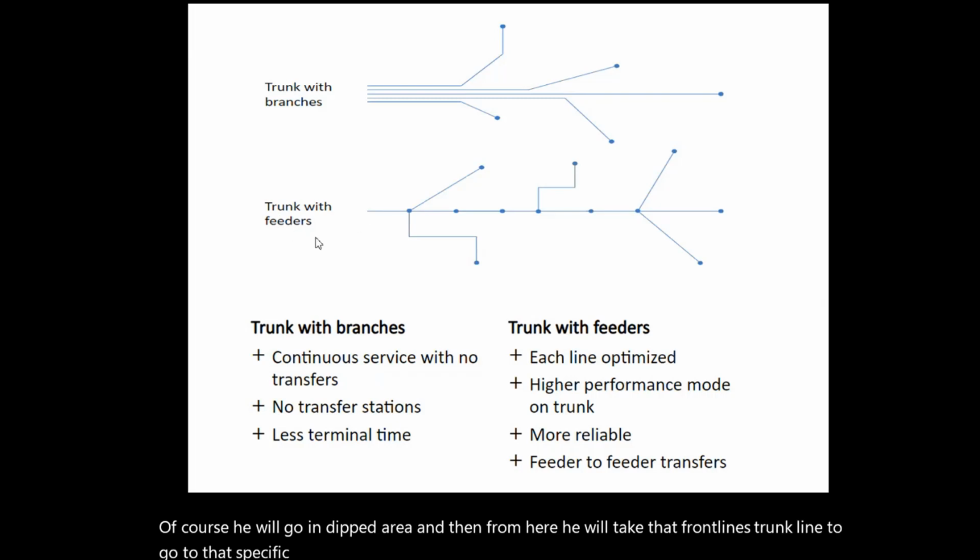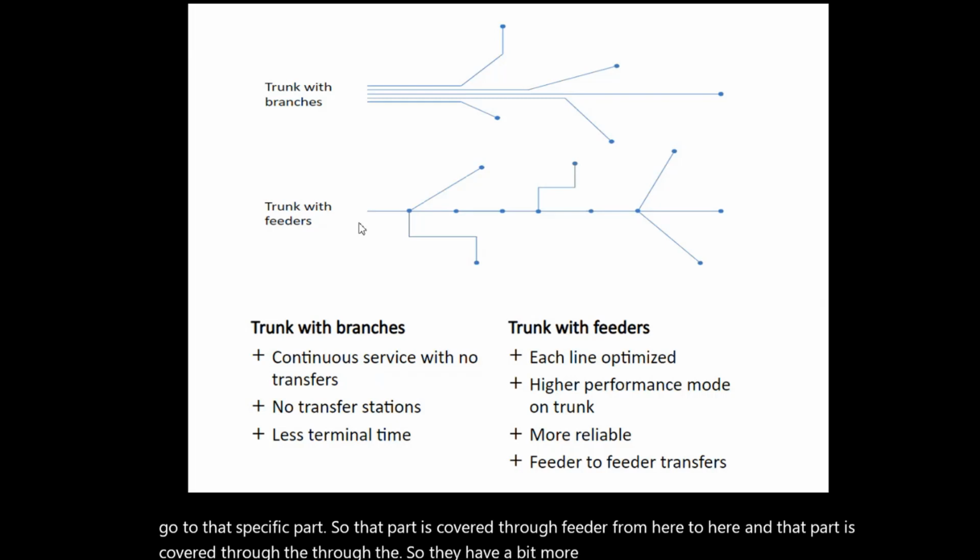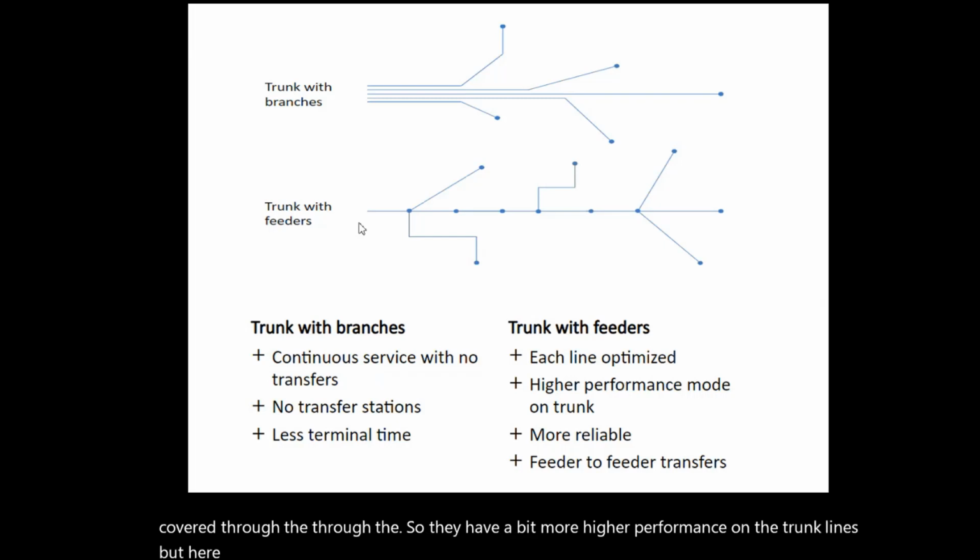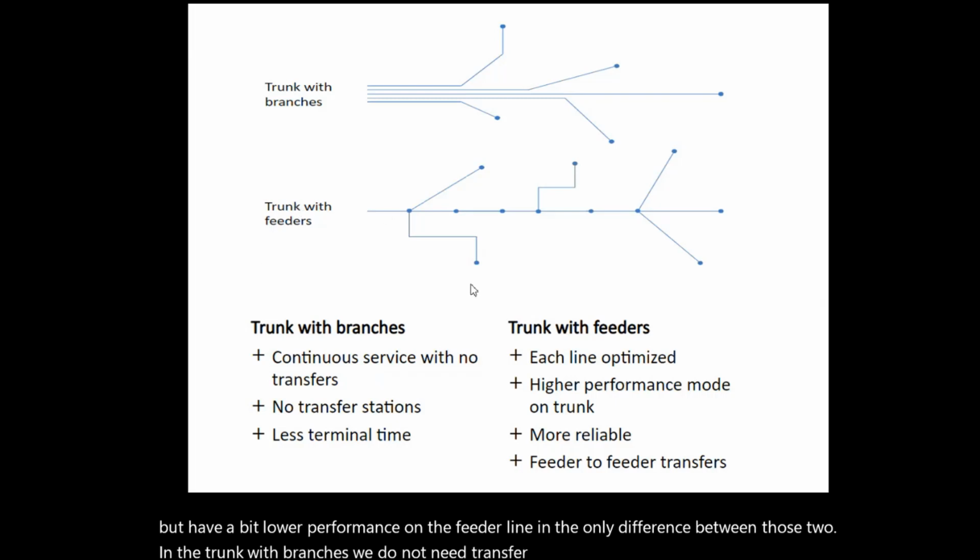So that part is covered through the feeder from here to here, and that part is covered through the trunk line. They have higher performance on the trunk lines, but lower performance on the feeder line. And the only difference between those two is that in trunk with branches we do not need a transfer, and here we need to transfer.